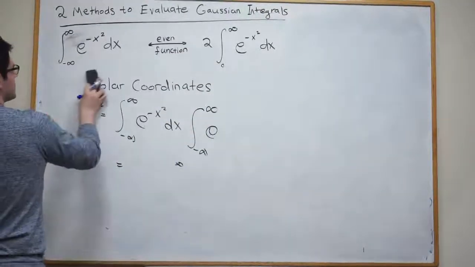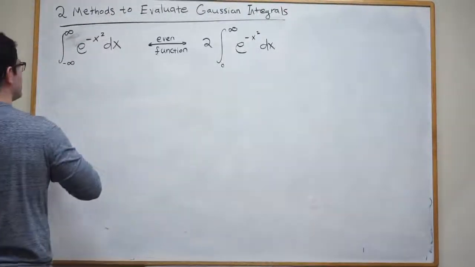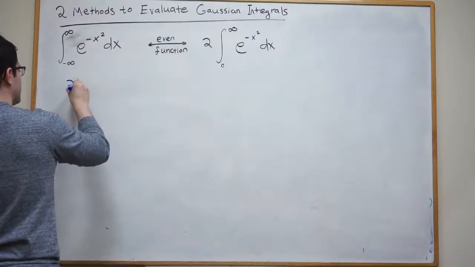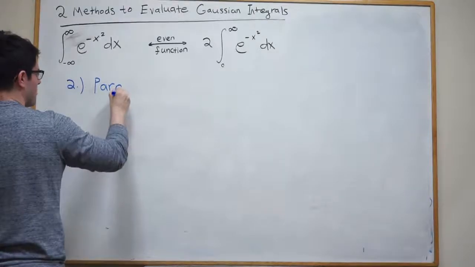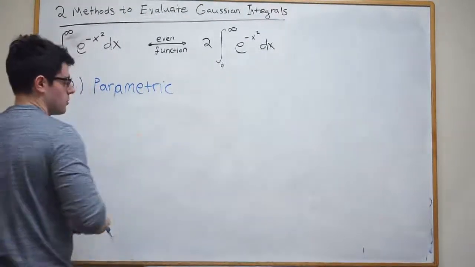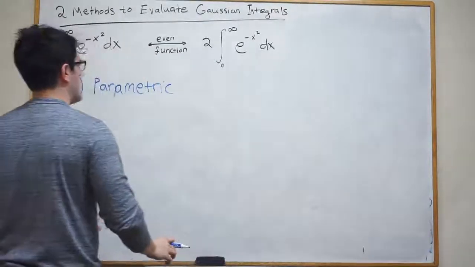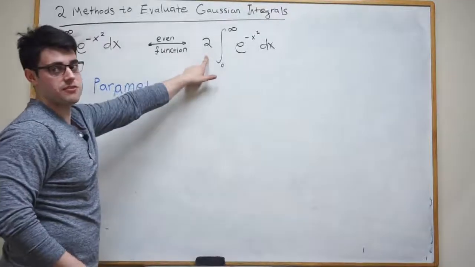Okay, so our second method is called, well, we'll just define it, a parametric method. We're going to start with this integral. We can interchange between these two integrals readily by just a factor of 2.